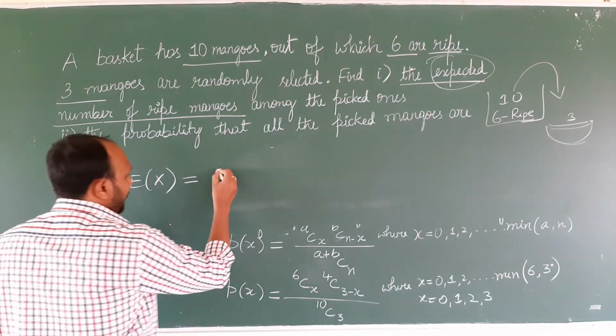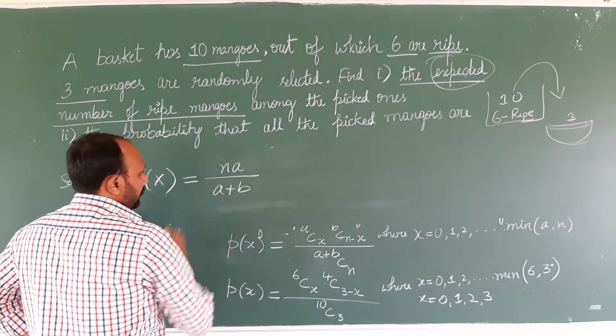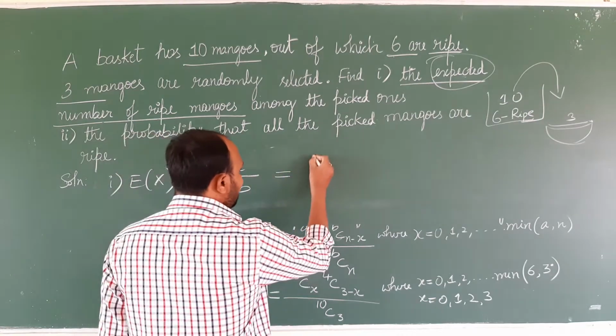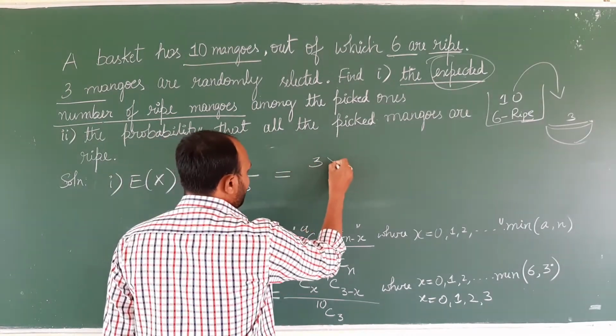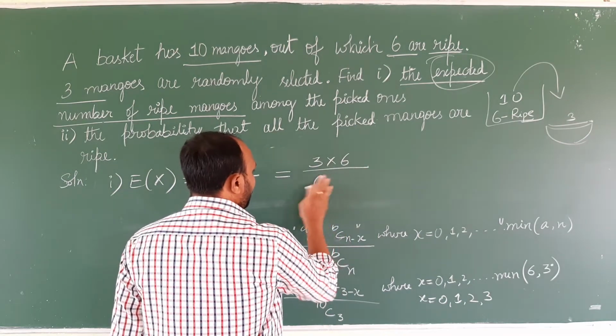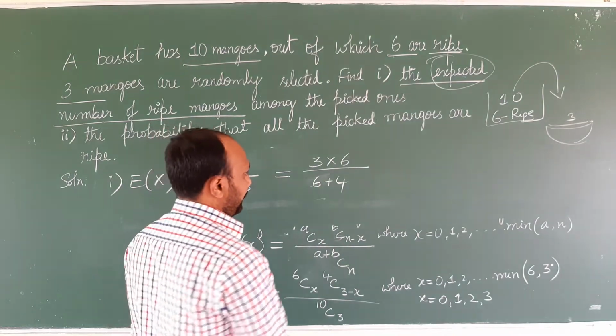What is the mean of the hypergeometric distribution? n into A divided by A plus B. What is the sample size n? n value is 3, into the A value, which is 6, divided by 6 plus 4, that is 10.